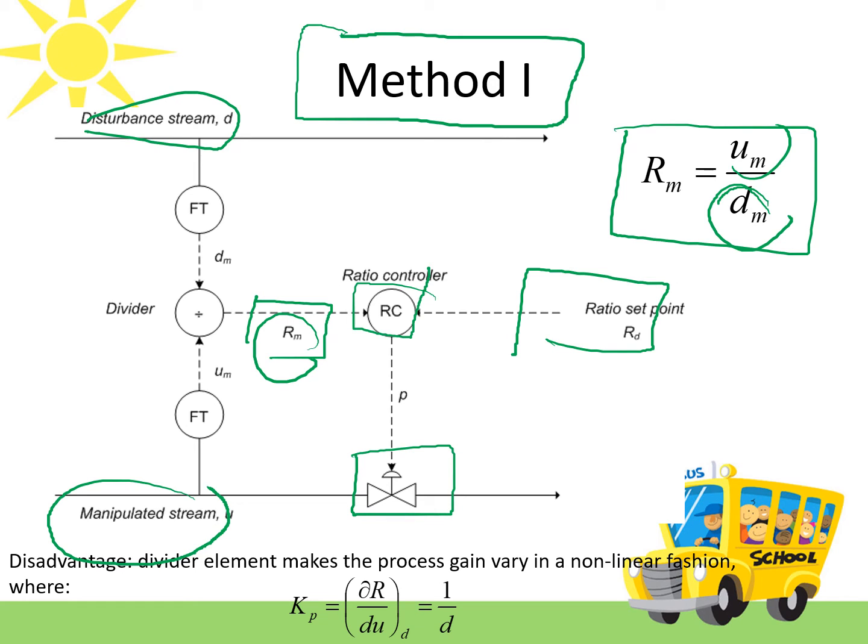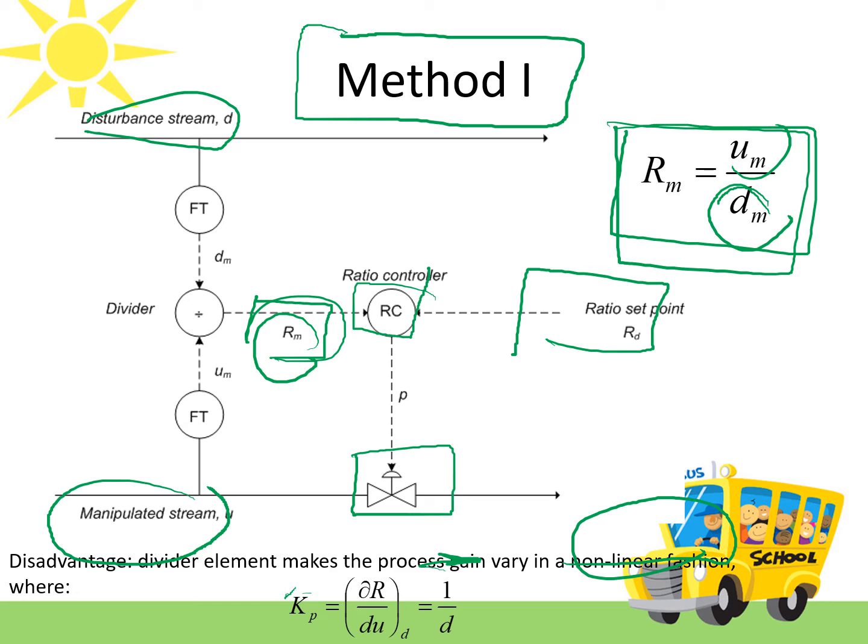One advantage of this method is that the measured ratio Rm is calculated directly, but it has a disadvantage where a divider element must be included in the loop, and this element will make the process gain vary in a non-linear fashion.